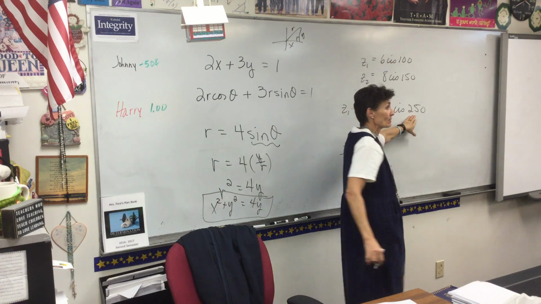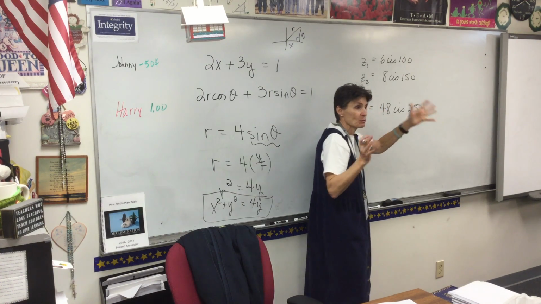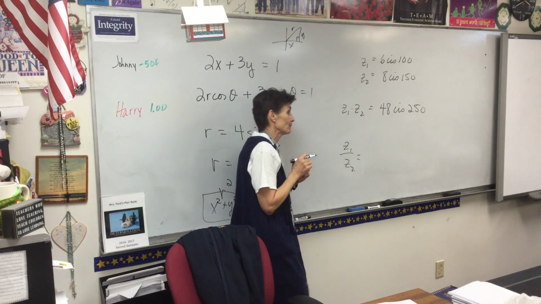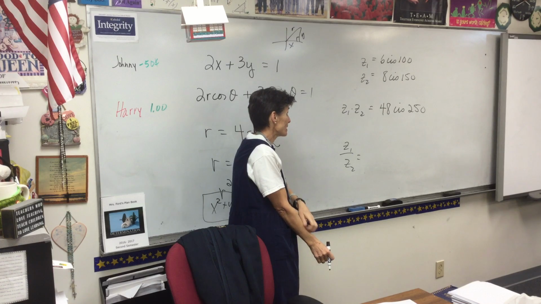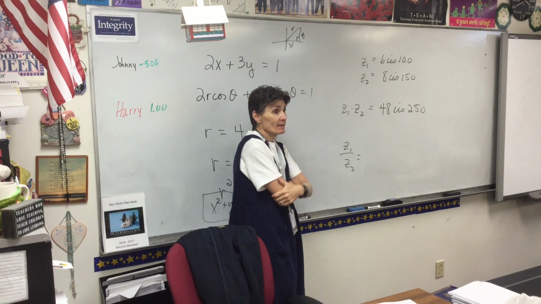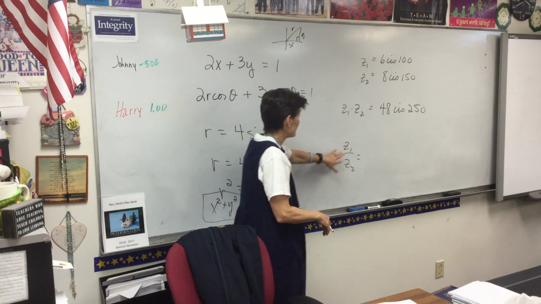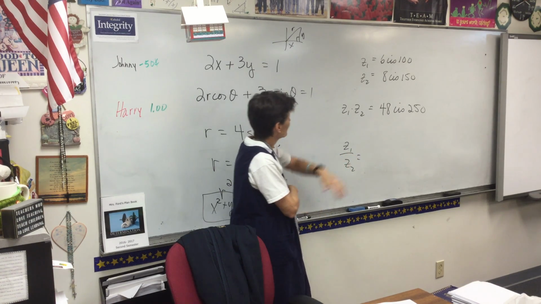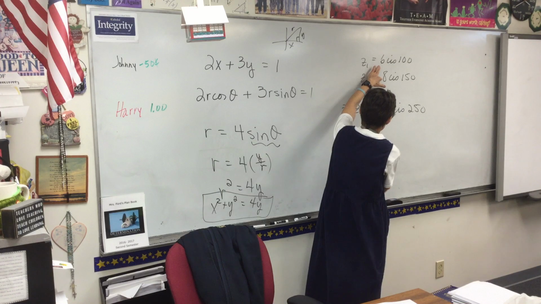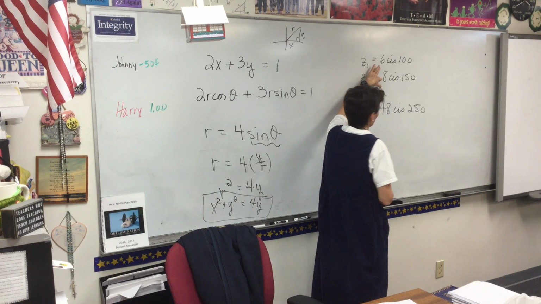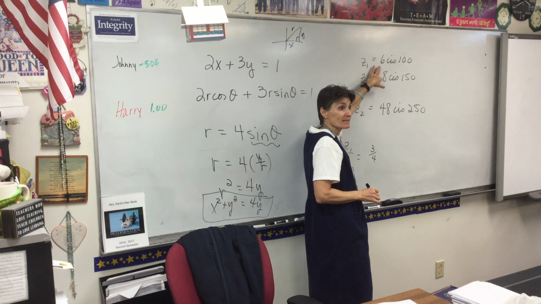And if that turns out too big, you shrink it, but this one's fine, 250 is fine. Remember that from yesterday? We multiply the r's and add the angles. Now, how do we do the division? We divide the r's, so that'll be 3/4, or if you want to do a decimal, 0.75.